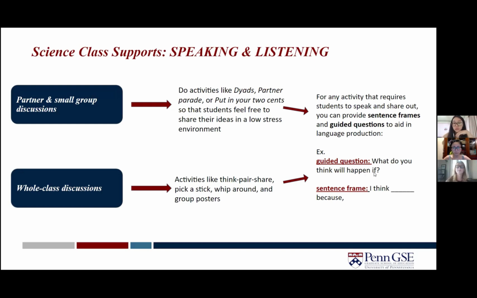For example, if you had a guided question for students to think about, like, what do you think will happen if, you can use a sentence frame starter for those ELs, like I think blank because, and this will give them some help to actually form a sentence on their own. And they can use that key content vocabulary that was taught.